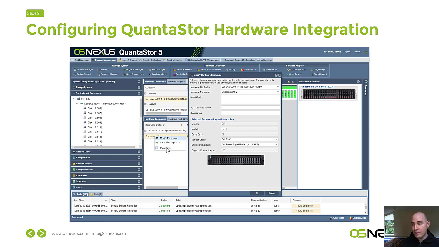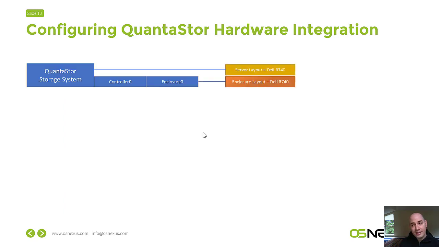If it doesn't pick the right one, you can go into the UI and go to the section where it says hardware enclosures for the particular system, and then you'll choose a different one to match exactly the right hardware. And then this last bit here where it says cage or drawer layout, some enclosures have multiple drawers to them, and sometimes they'll have drive cages, sometimes on the front and back or internal. So when you choose a particular model, it might give you the choice between multiple subsections, and then just click OK, and that part's done as well.